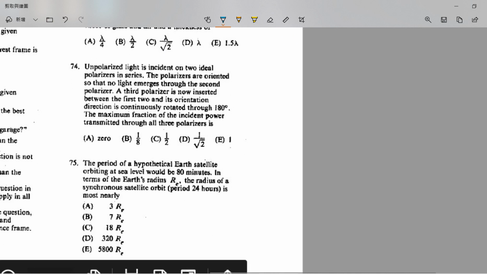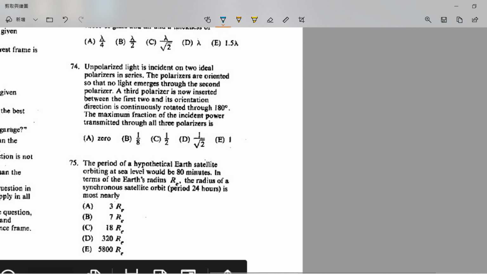Question 74 says that unpolarized light is incident onto ideal polarizers in series. The first two polarizers are oriented so that no light emerges through the second polarizer. What does it mean? It means the second polarizer should be at 90 degrees relative to the first one, then no light will pass through.